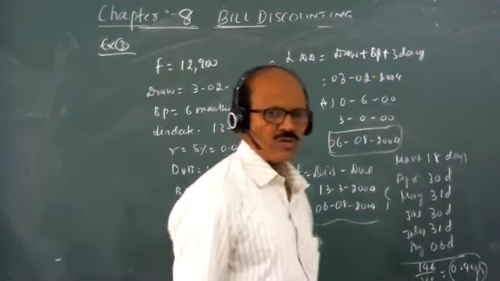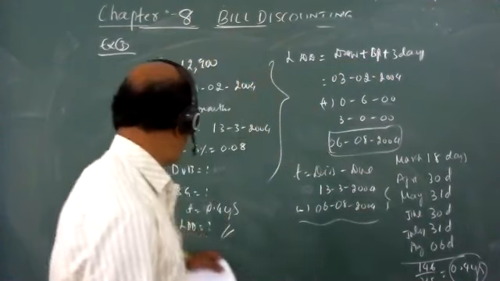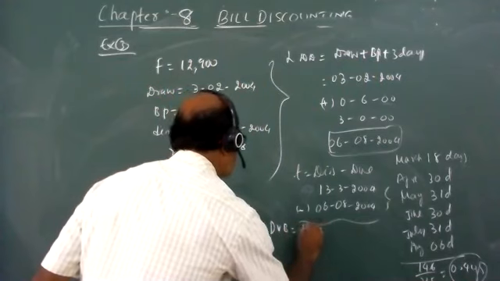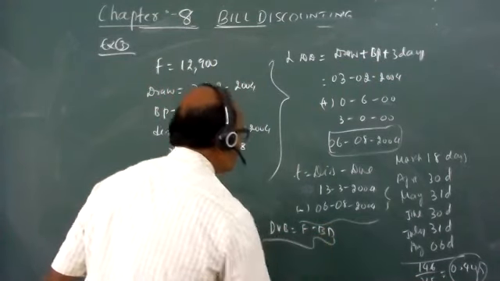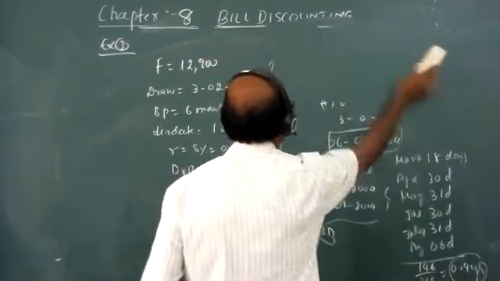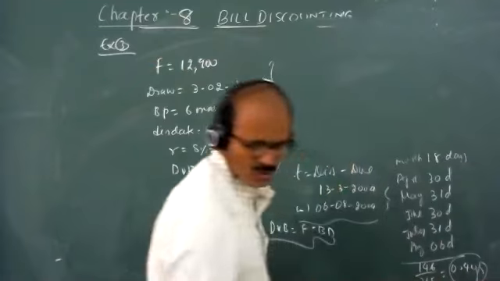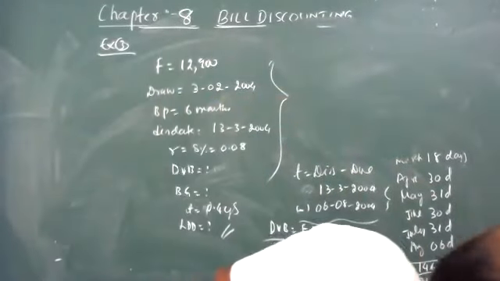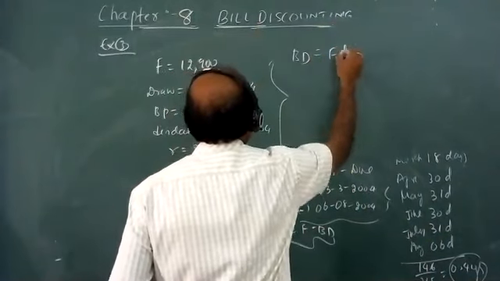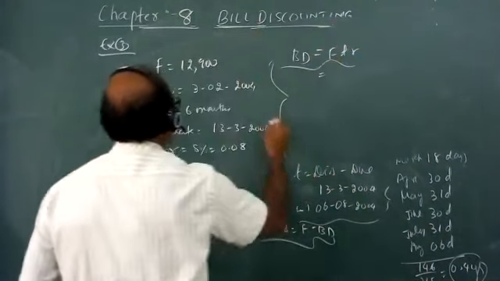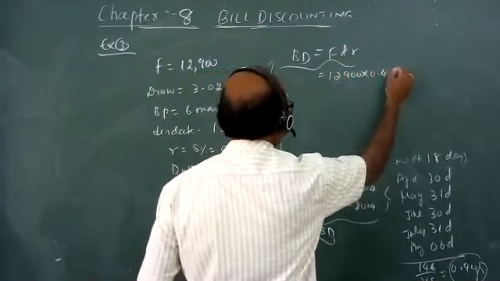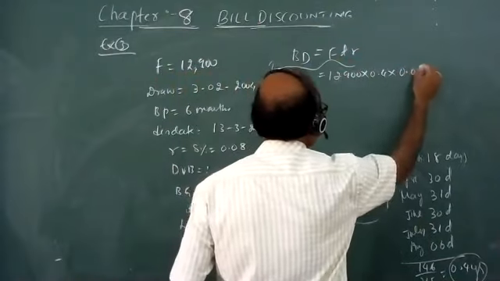So once you got the T value, the remaining thing is very easy. What do you want to find? Discount value. What is the formula? Discount value is equal to F minus BD. So first we have to calculate BD. BD is equal to FTR formula. F is 12,900, T value is 0.4, R value is 0.08.